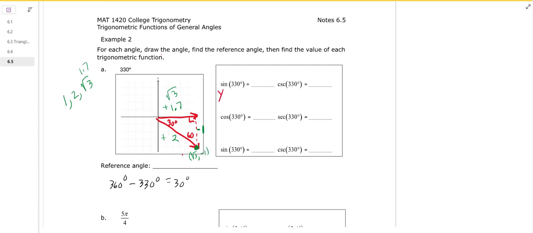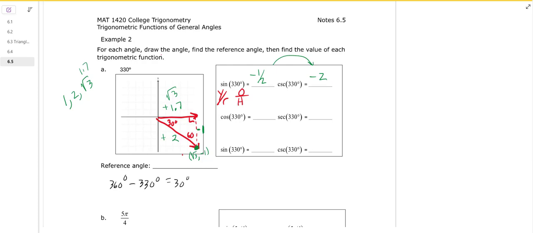So the sine is y over r, or you could even think of it as opposite over hypotenuse if you prefer, which would be negative 1 over 2. So the sine would be negative 1/2. We know the cosecant's the reciprocal, so that would be negative 2.